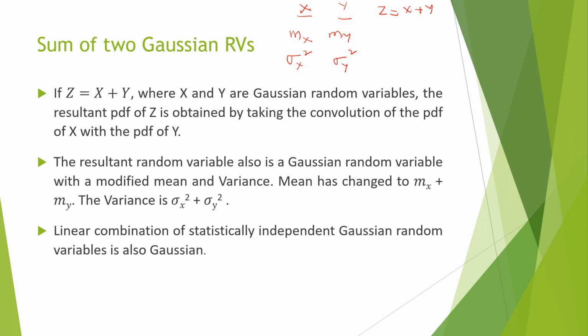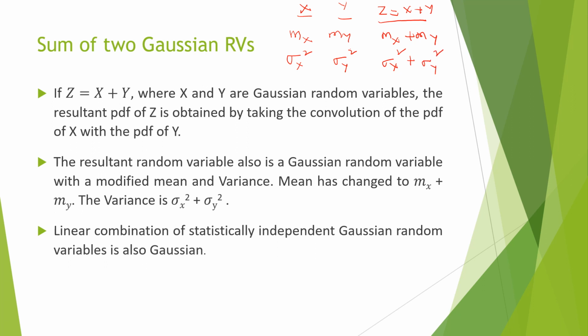First of all, what is z? If x and y are Gaussian random variables, the sum of Gaussian random variables, or the resultant random variable, is also Gaussian. Then what about their mean value? The mean value is modified now as mx plus my, and the variance value is also modified as sigma x square plus sigma y square.